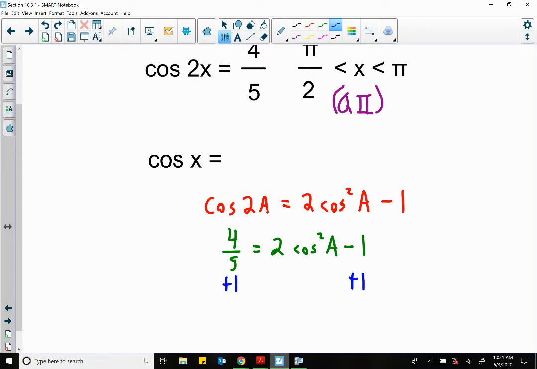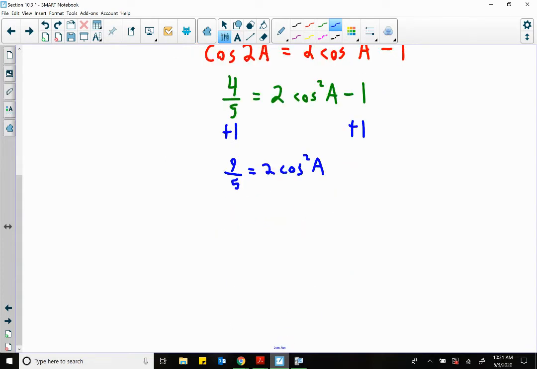So you just go to your handy dandy calculator, 1 plus 4 over 5. I'm not going to show this stuff because you know how to do the calculator. And that gives you 9 fifths equal to 2 cosine squared a. Okay. So now we're going to divide by 2. So just go to your calculator, take that answer and divide it by 2, and you get 9 over 10 equal to cosine squared a.